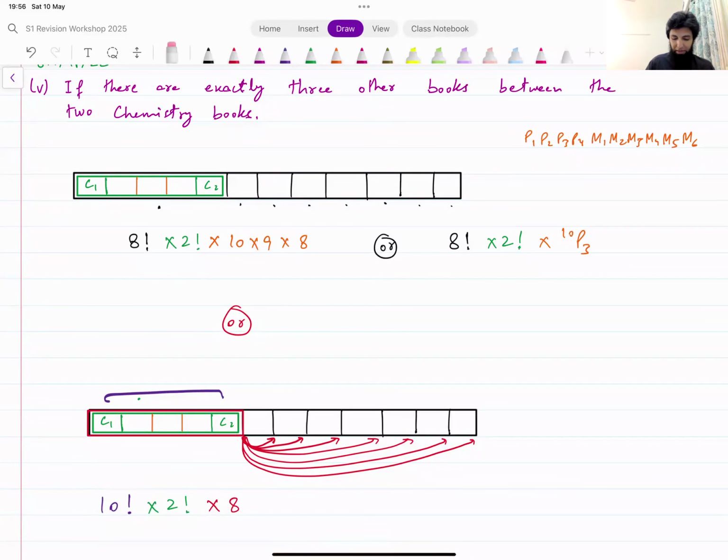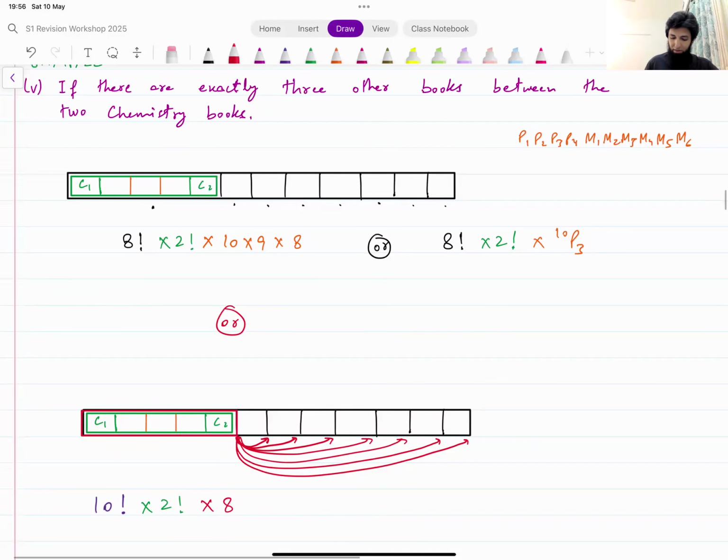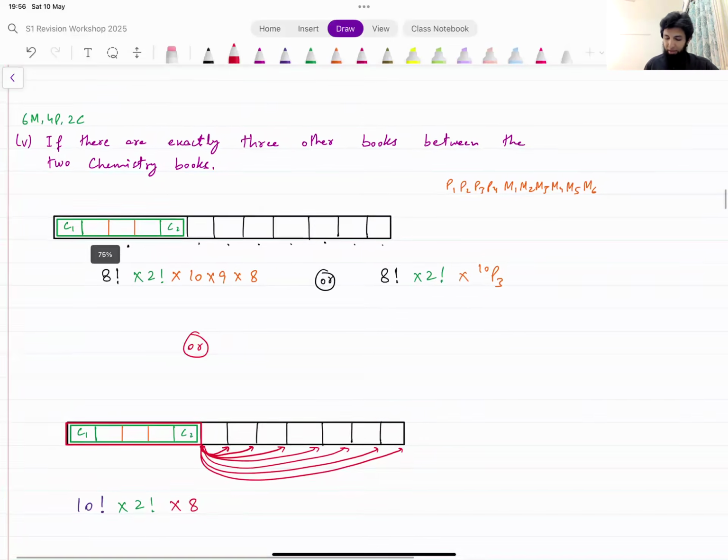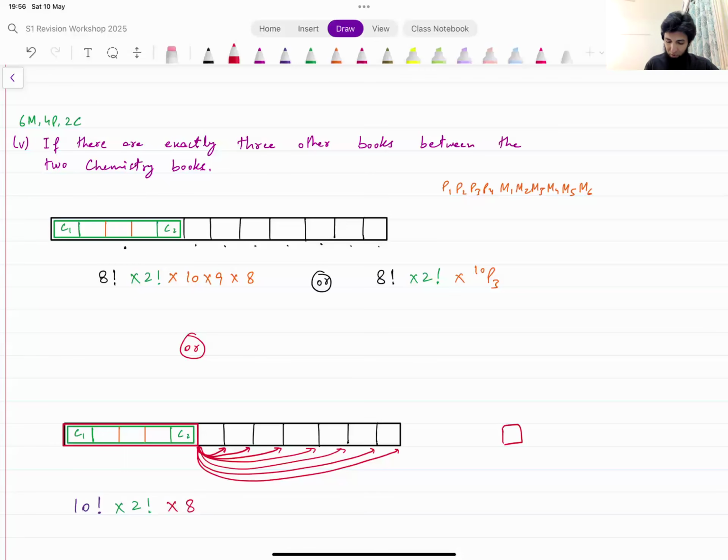But notice, until now, we had this box fixed in this one place. This box could also move. This box could either be here on the left side, or there could be another possibility that there was one smaller box on the left side, and then that big box.